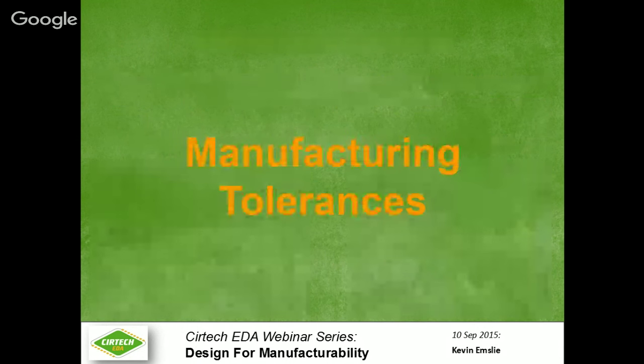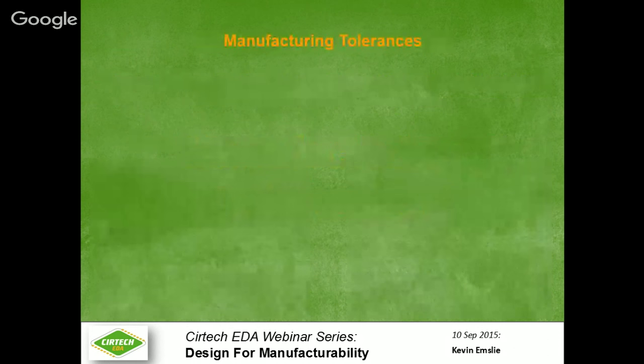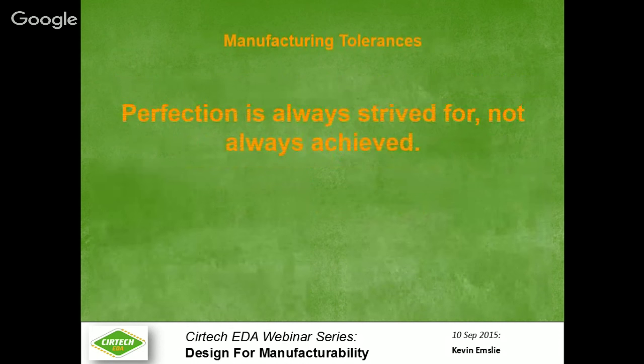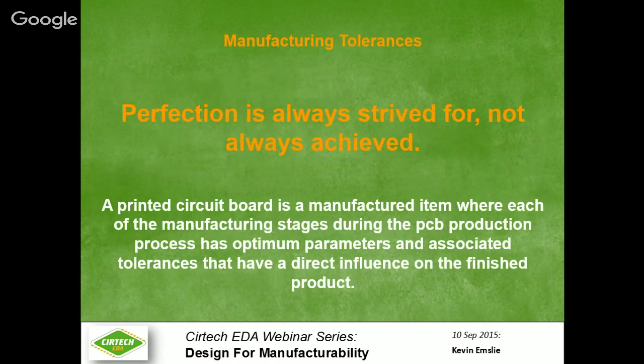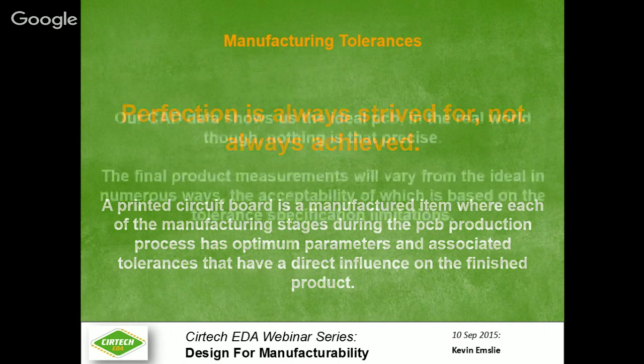Okay, manufacturing tolerances. Perfection is always strived for, not always achieved. A printed circuit board is a manufactured item where each of the manufacturing stages during the PC board production process has optimum parameters and associated tolerances that have a direct influence on the finished product.